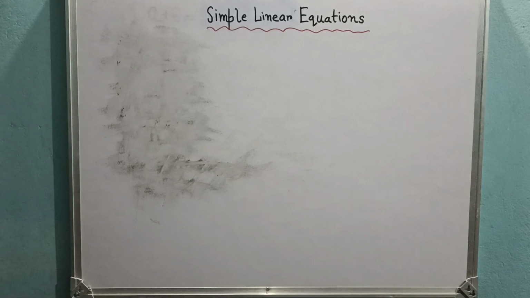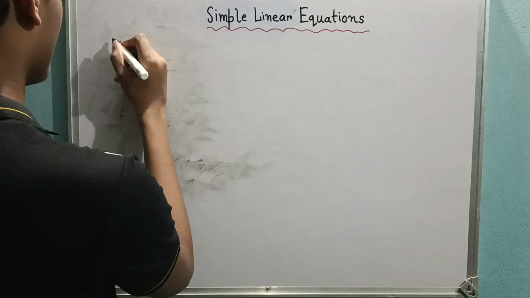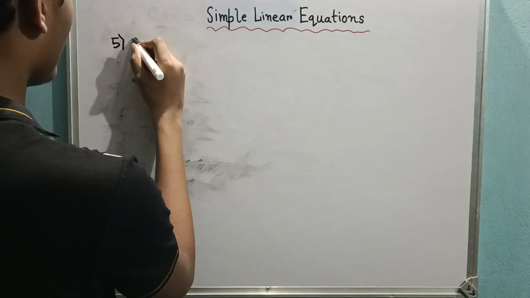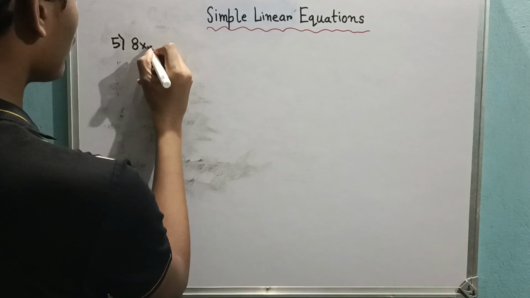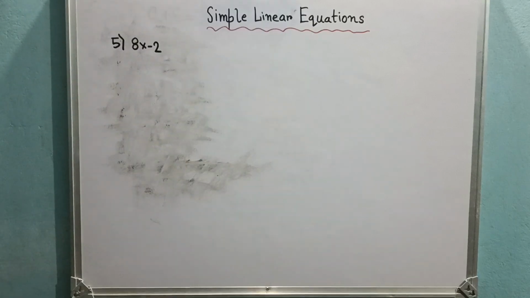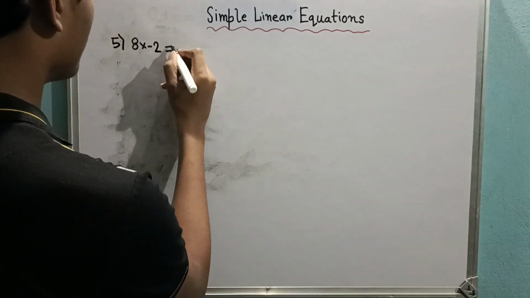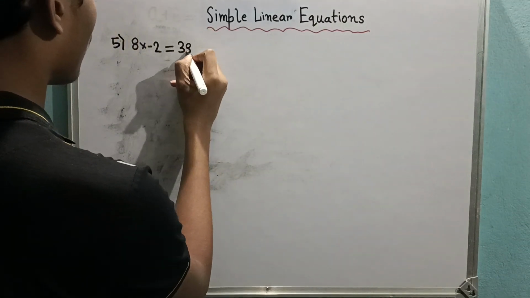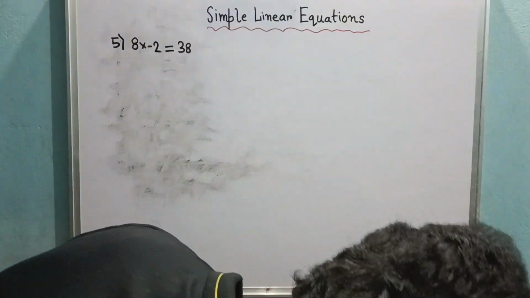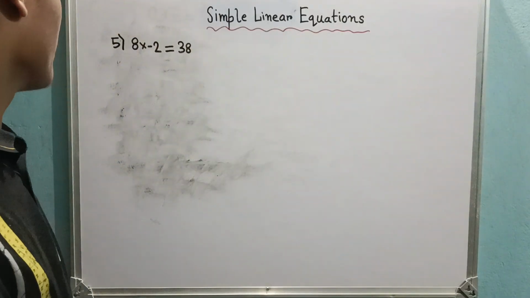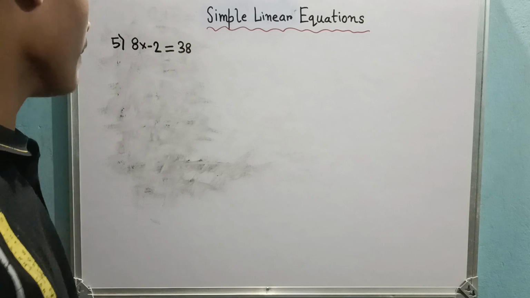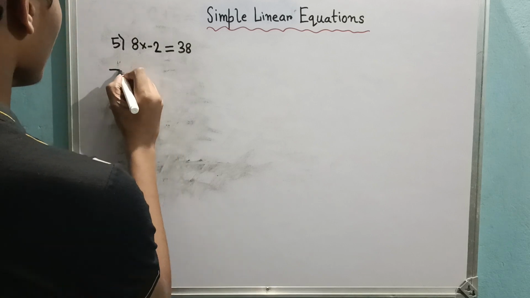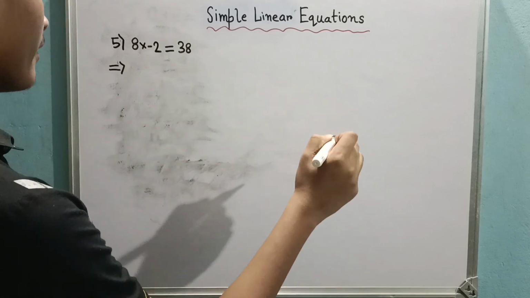So the question is given by, here we have number 5, 8x minus 2 is equal to 38. Now, guys, there are two steps in this sum. The first step being we have to shift this 2 to this side.